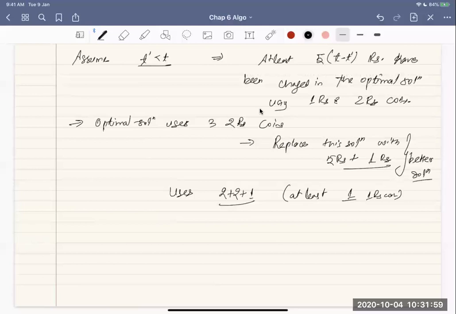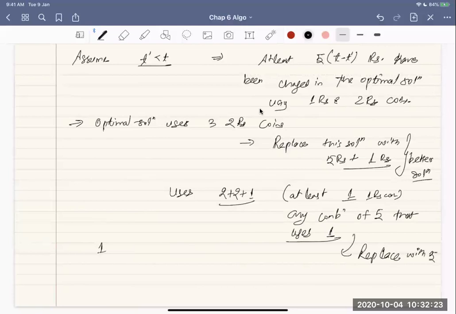Fine. But as soon as it uses a 1 rupee coin to make a change for 5, any combination of 5 that uses 1, you can replace with a single 5. Okay, think about it. 5 you want to change using 1 plus something else. What are the possibilities?